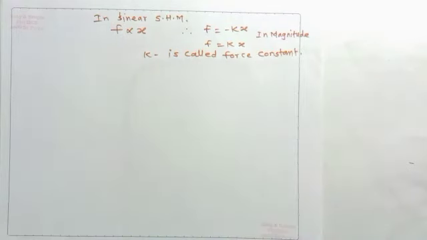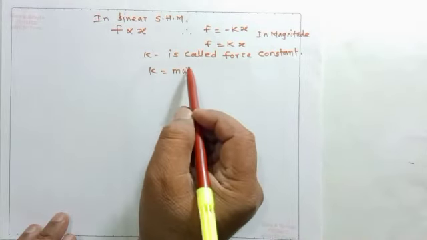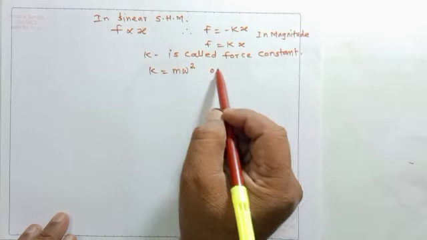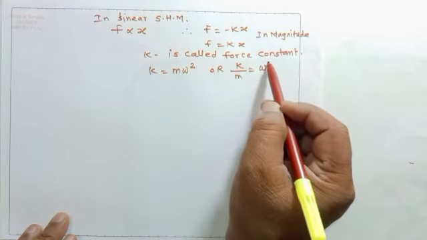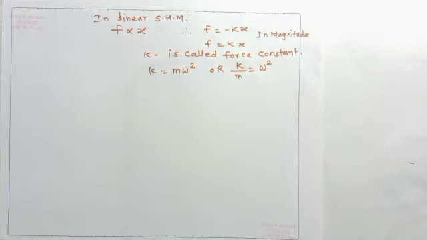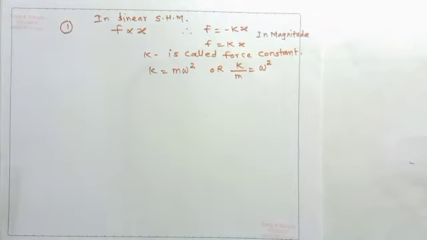We can also write k = m omega square, or k upon m is equal to omega square. This is the first formula which can be used in the example.